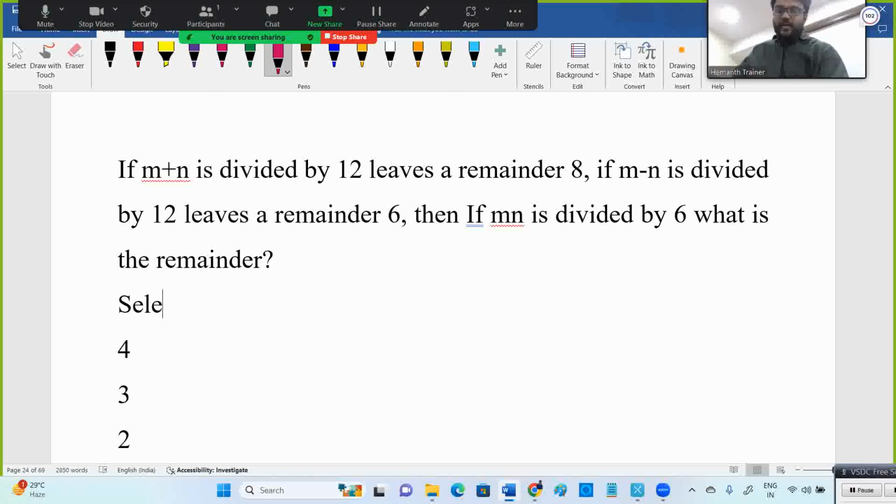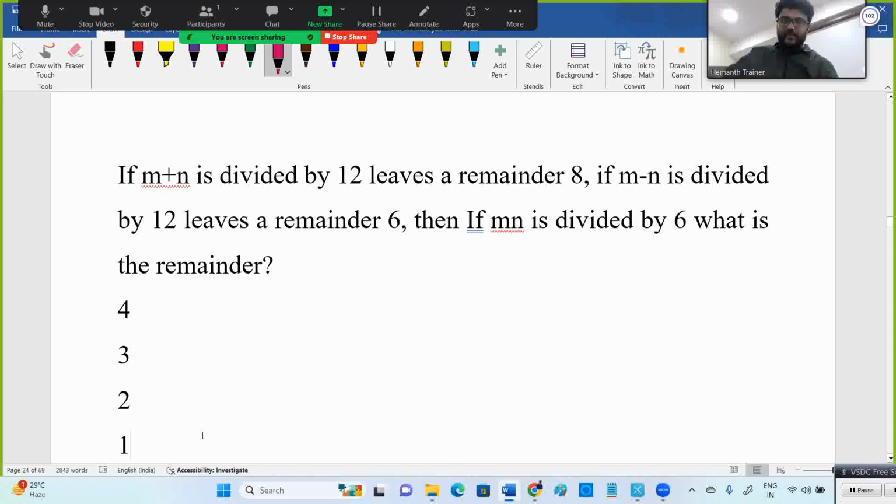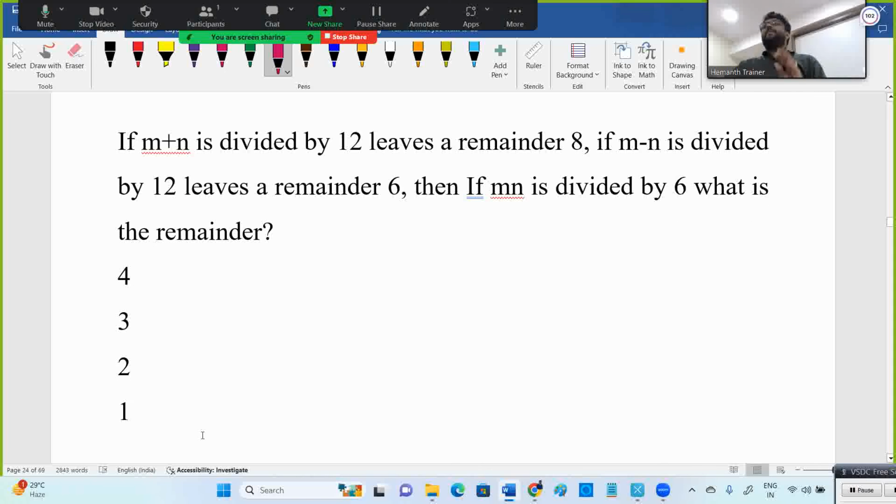This question is also good. Try this once. If m plus n is divided by 12, it leaves a remainder 8. If m minus n divided by 12 leaves a remainder 6, now m into n, the product of m and n, is divided by 6.